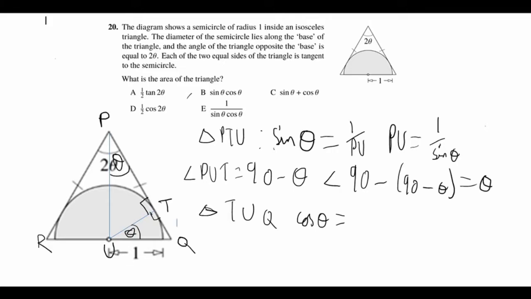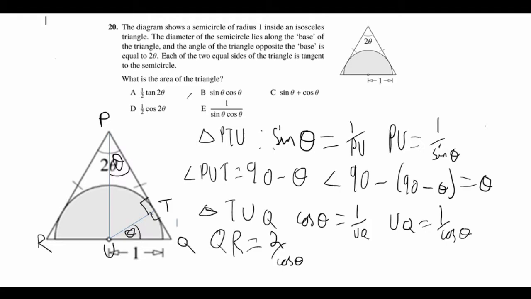As we have discussed, TU is 1 and the hypotenuse is UQ, so 1 divided by UQ. And so UQ is equal to 1 over cos theta. But also notice that UQ is half of QR, which is the base of the triangle. So QR is equal to 2 over cos theta.